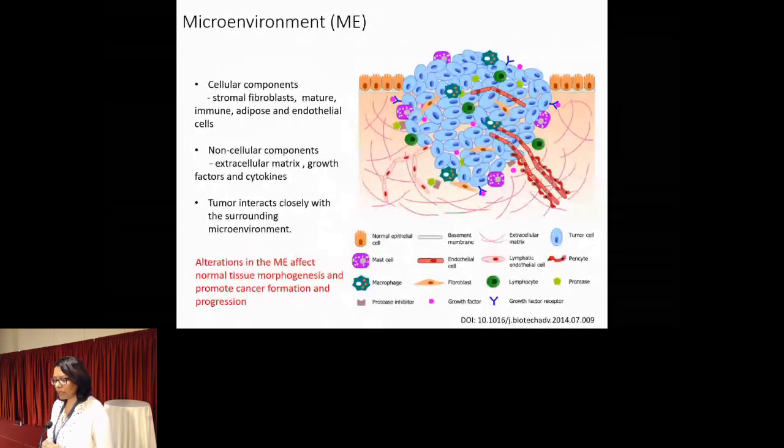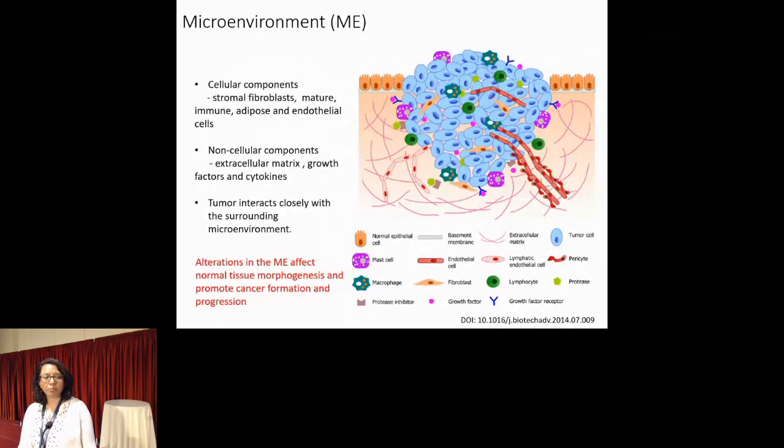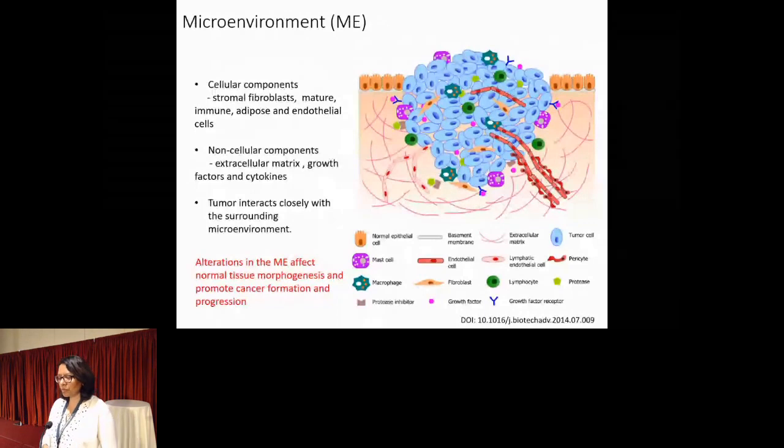When there's an alteration or disruption in the microenvironment, it affects normal tissue morphogenesis, which then promotes cancer formation and progression. And when it turns into a tumor, the tumor interacts within the same microenvironment, and the process we call the tumor microenvironment.